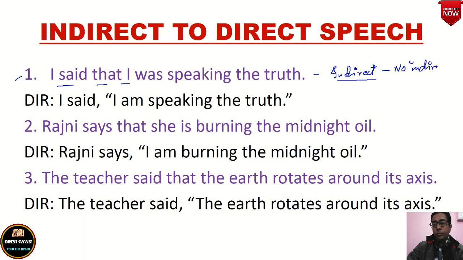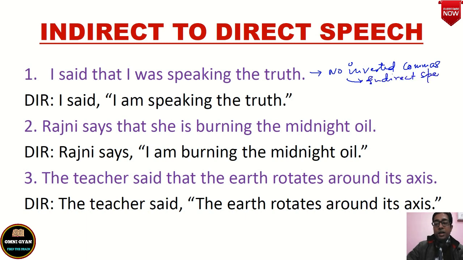Whenever you are given any exercise in the exam, if the question does not have any inverted commas, then it is in indirect speech. No inverted commas means it is indirect speech. And inverted commas means direct speech. So this is direct speech. DIR I have written in short. Okay, these are direct speeches.